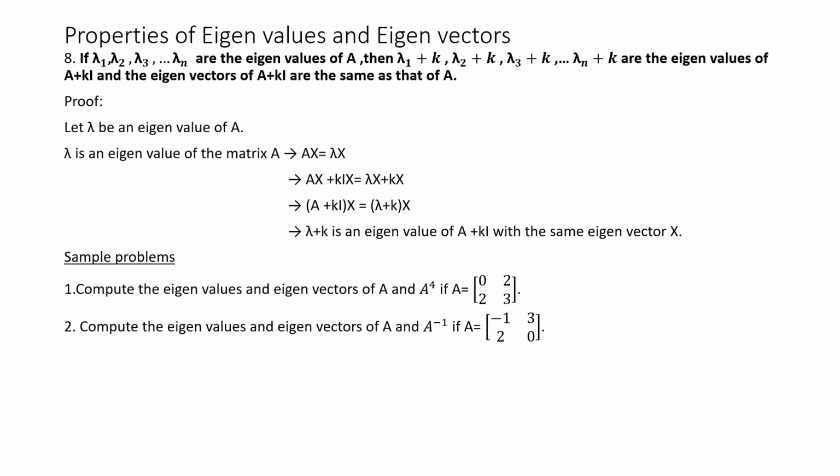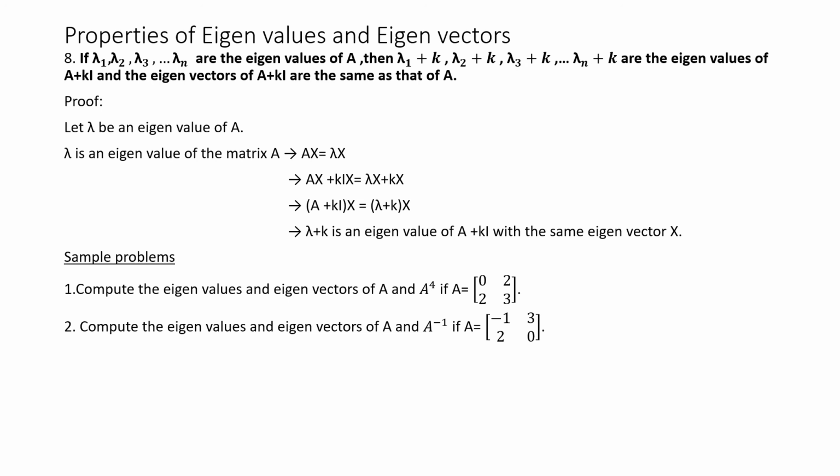Adding kx to both sides, we get Ax plus kIx equals lambda x plus kx. This implies (A plus kI) into x equals (lambda plus k) into x, which shows that lambda plus k is an eigenvalue of A plus kI with the same eigenvector x.